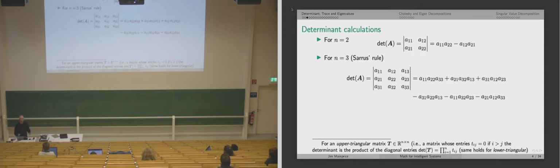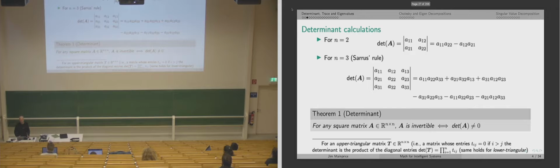It's the same thing if the lower triangle is 0. And that a square matrix is only invertible when the determinant is non-zero, that's actually a theorem. It's a determinant theorem.